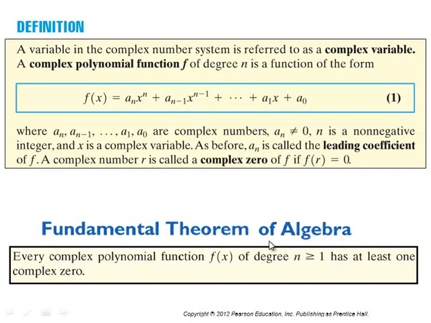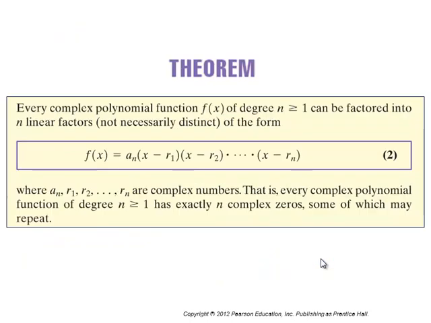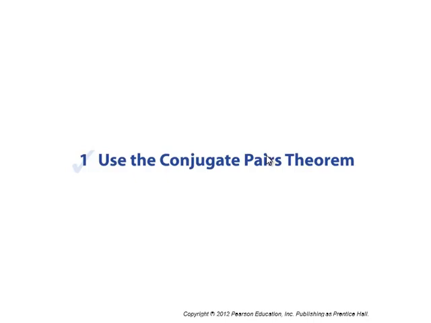Now, the fundamental theorem of algebra tells us that every complex polynomial function that's of at least degree 1 is going to have at least one complex zero. And as a matter of fact, if you have an n-degree polynomial, you can completely factor it as the product of n linear factors, over the complex number system. So we're going to talk about that here in this section.